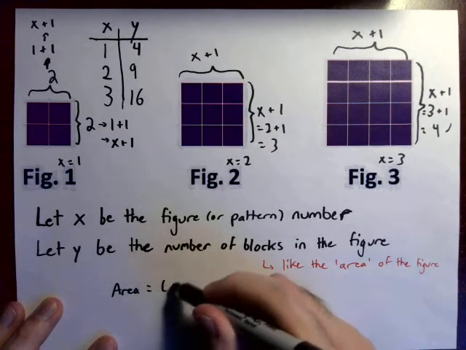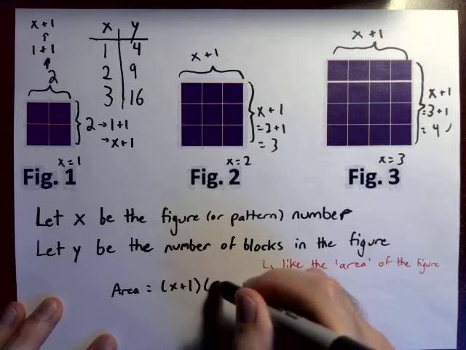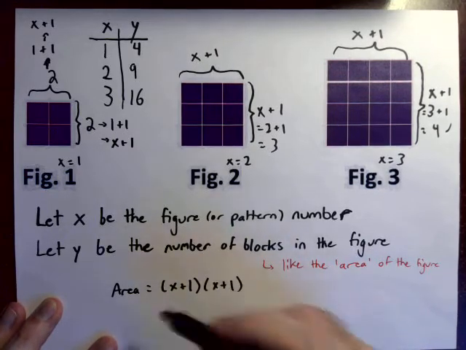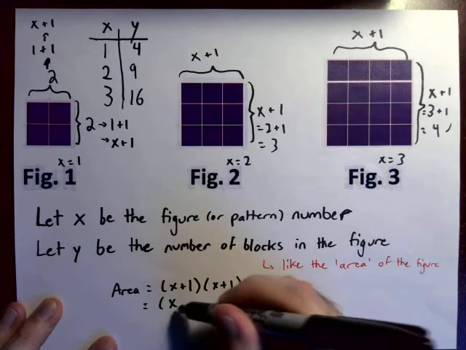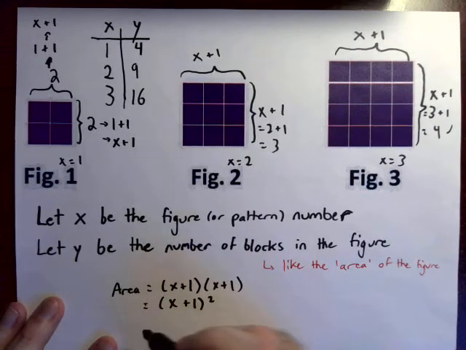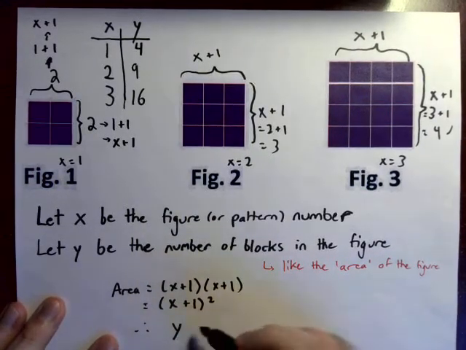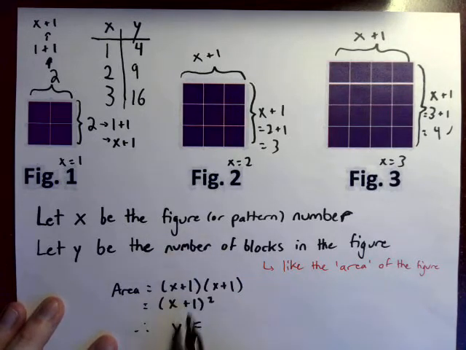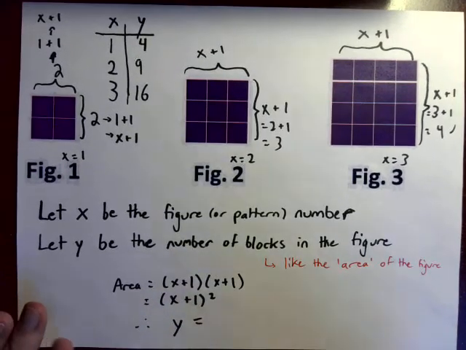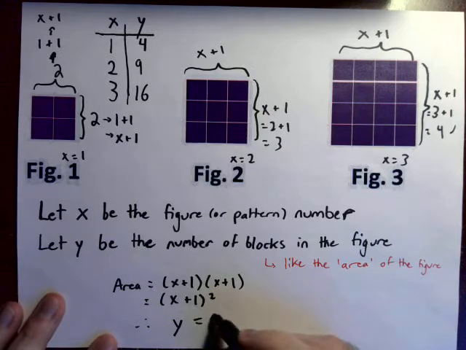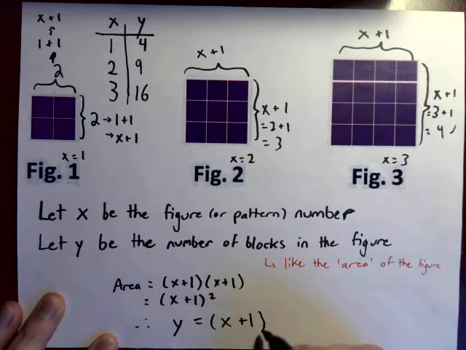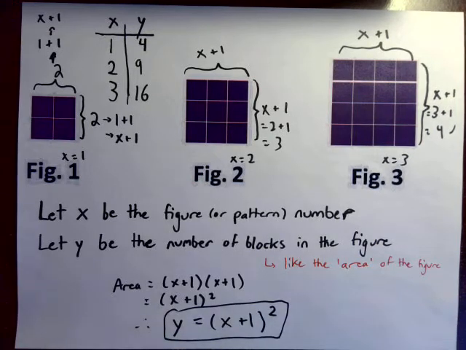The area here is x plus 1 times x plus 1, which is going to be x plus 1 squared. Therefore, y, the number of blocks in the figure for any pattern or figure number, is going to be equal to x plus 1 squared. And that would be the final answer there.